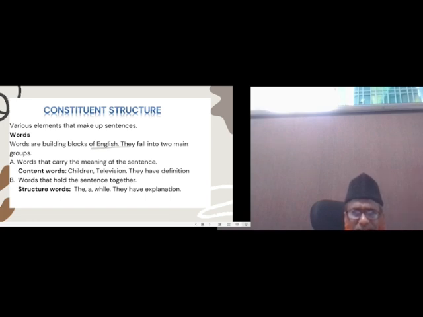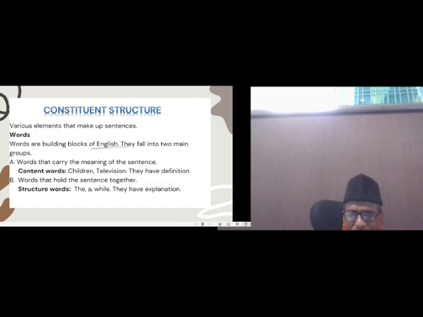There are various elements that make up sentences, and the starting point is a group of letters. Alphabet is a group of letters.